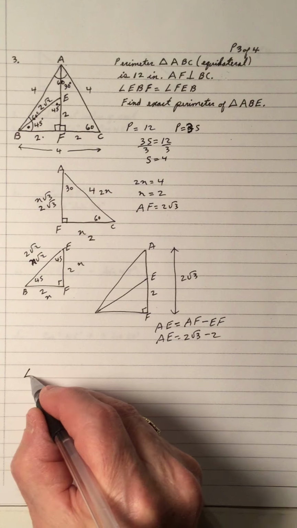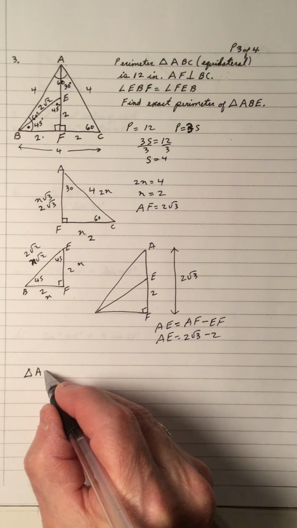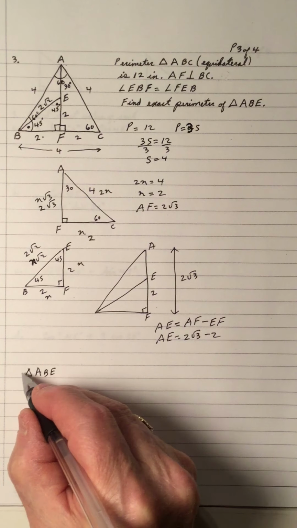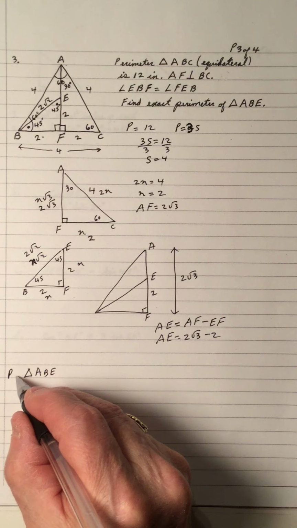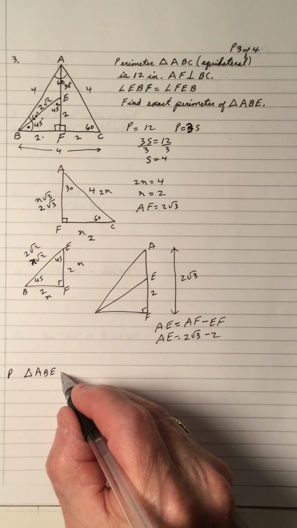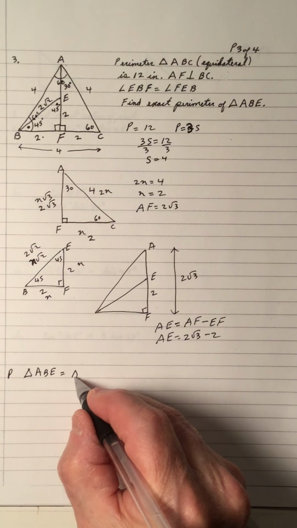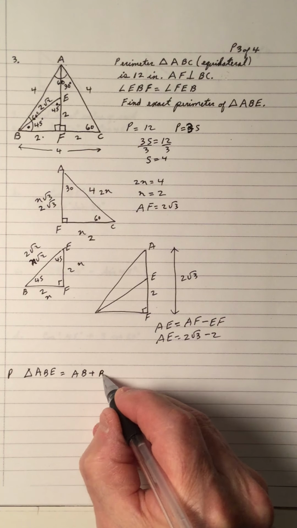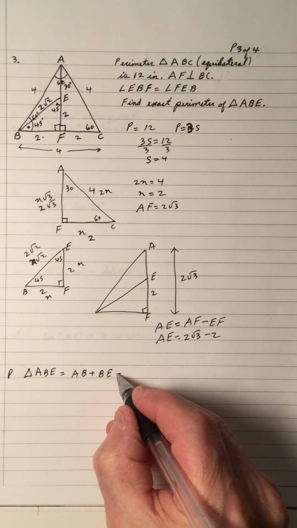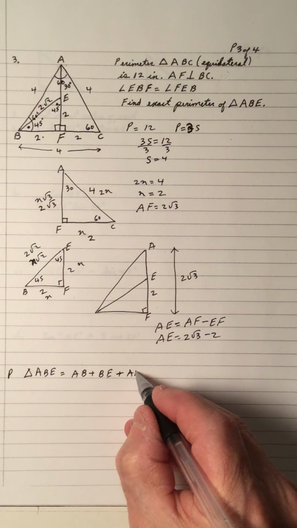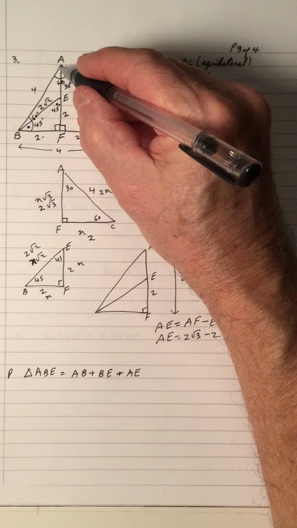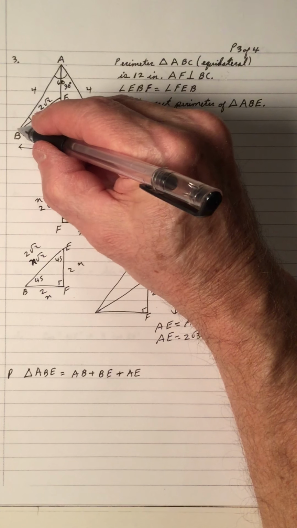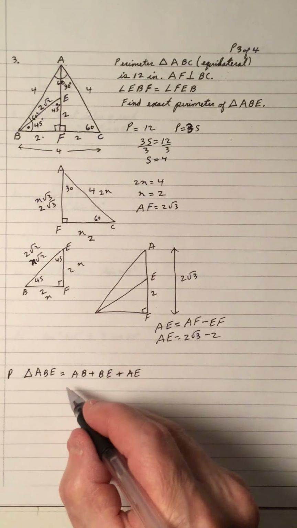So the perimeter of the triangle ABE is AB plus BE plus AE.